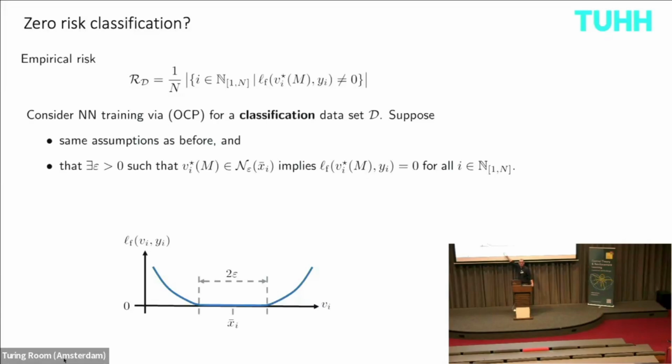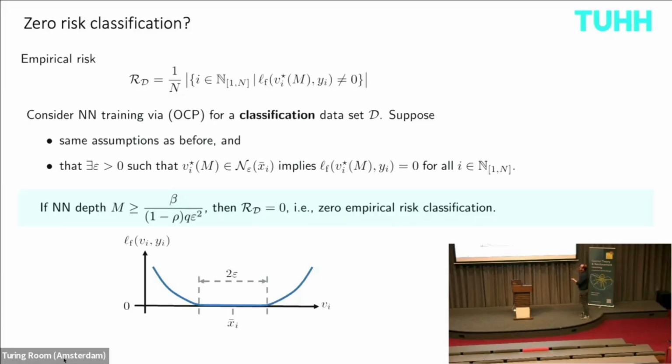And that's, for instance, what cross entropy and then a nearest neighbor argument would do. So I can show that if I choose my bound as before, then I can give you, under this assumption here that the loss looks like a pan, that I have zero empirical risk. And it's just built in, by the way, how we formulate the training problem.